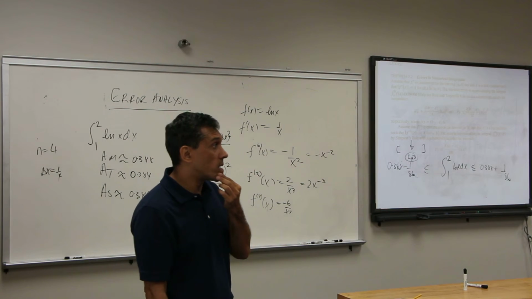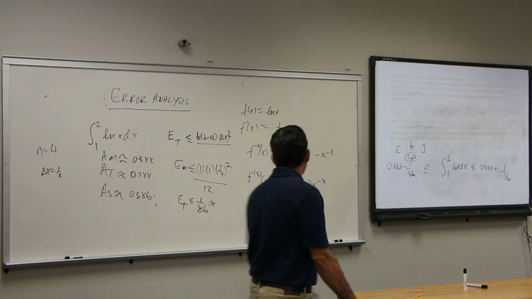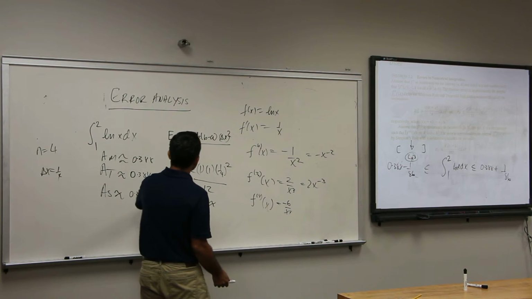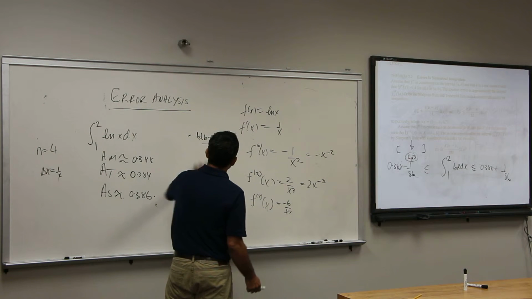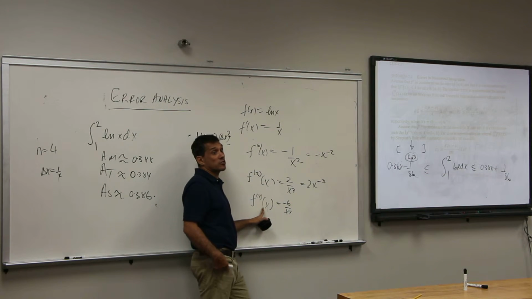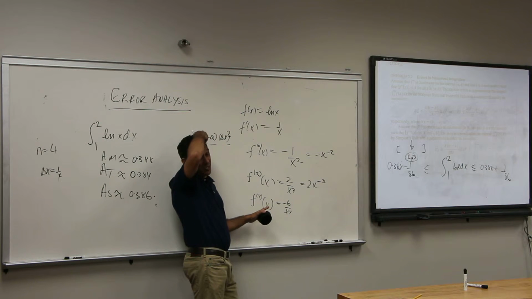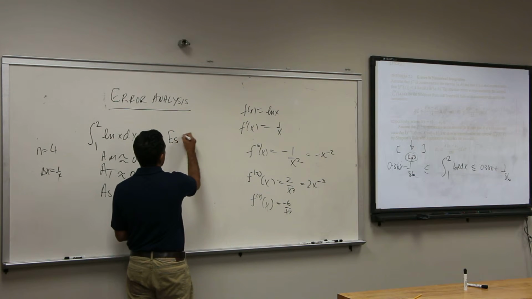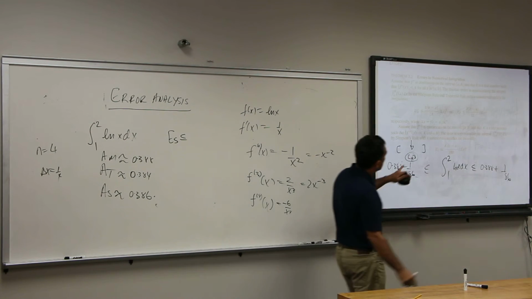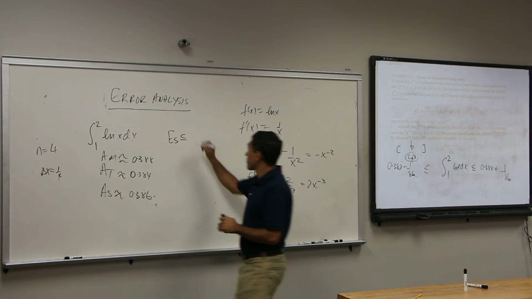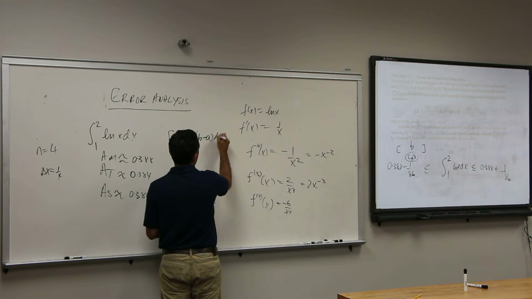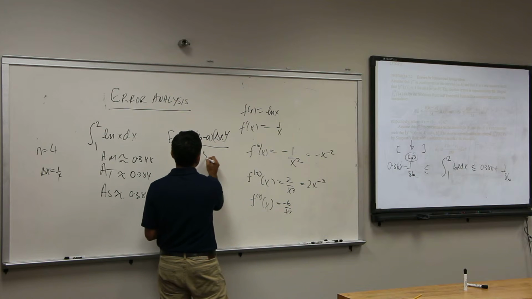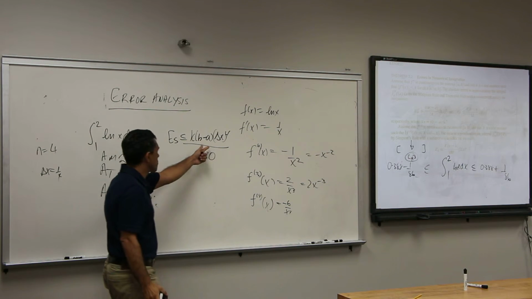Now we'll see Simpson's rule. So I need now the fourth derivative. I'm going to find the maximum of the fourth derivative in absolute value between 1 and 2. For Simpson's rule, the error is less than or equal to. Delta x is still 1/4.